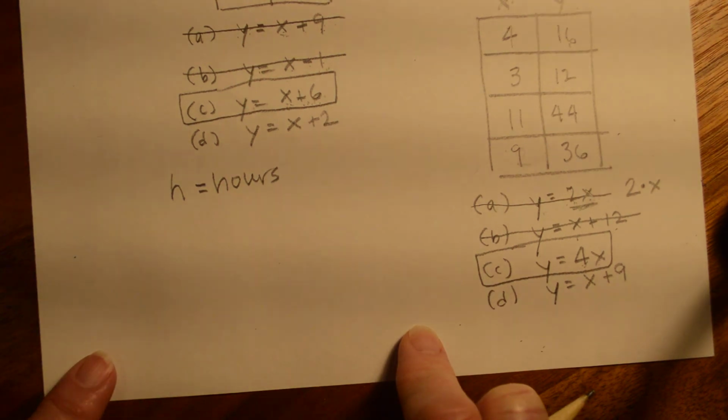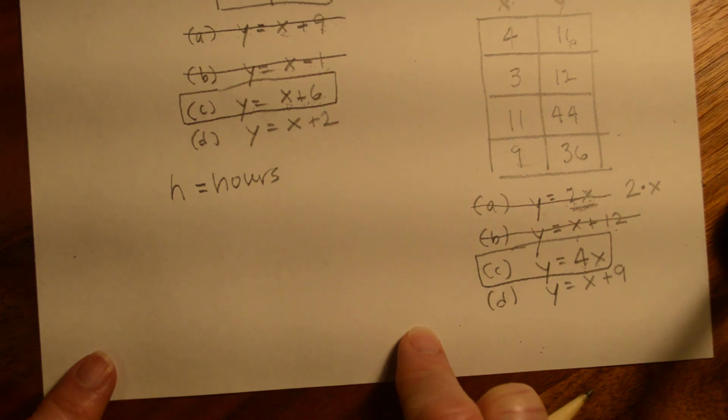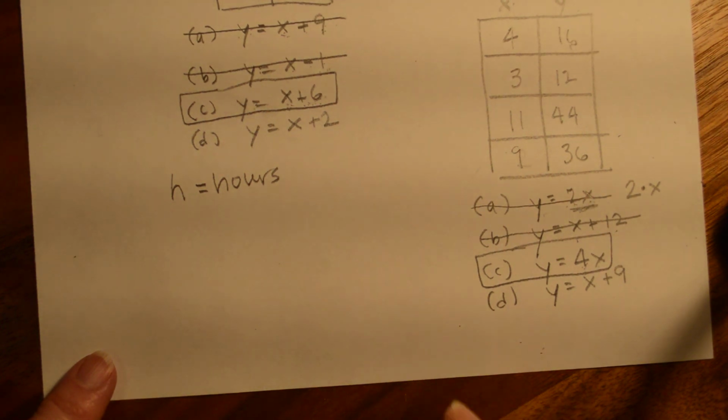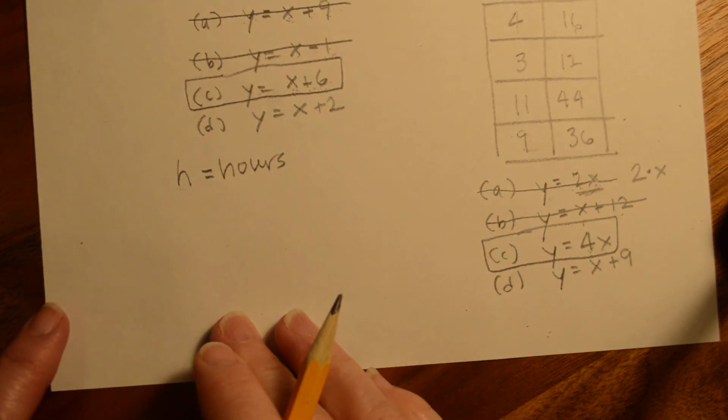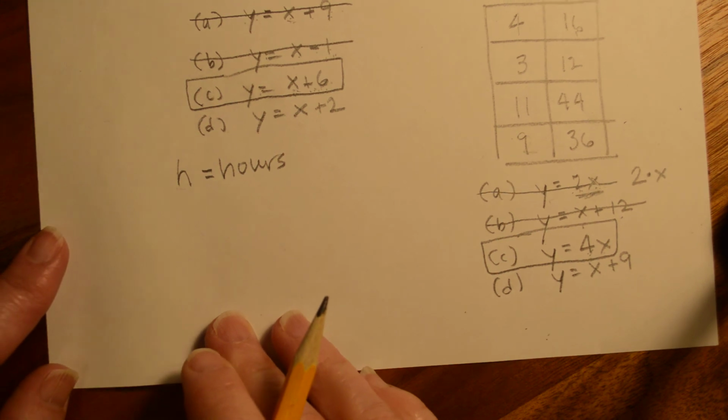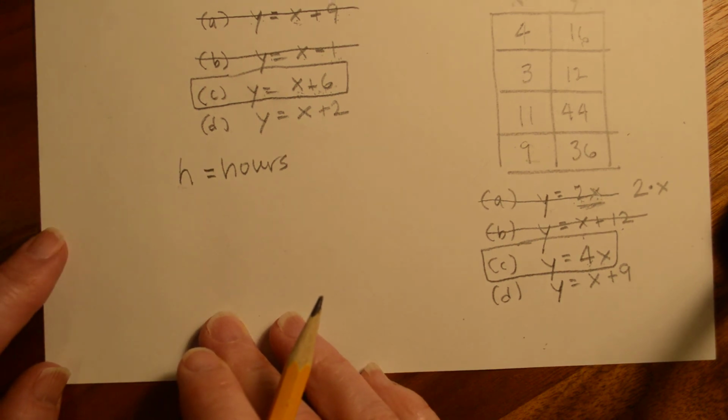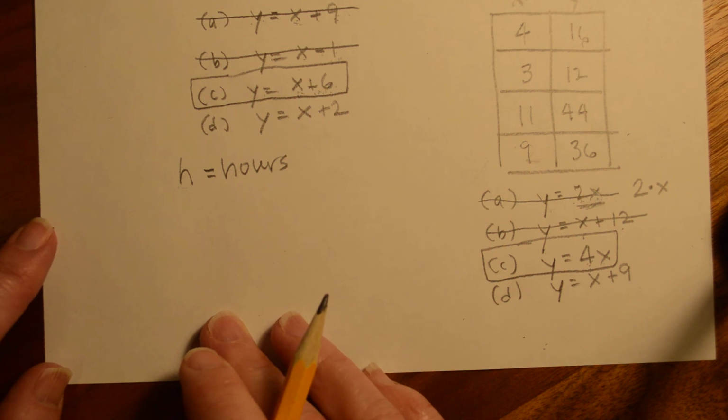But again, think about what you would do to get the answer, because they're asking you to figure out how long it's going to take before Joaquin earns $50 at his job, where H is the number of hours. So think about situations like that. Maybe sometimes you babysit for somebody or you pet sit and you charge by the hour. So think about how you would figure out how much money you're going to earn.